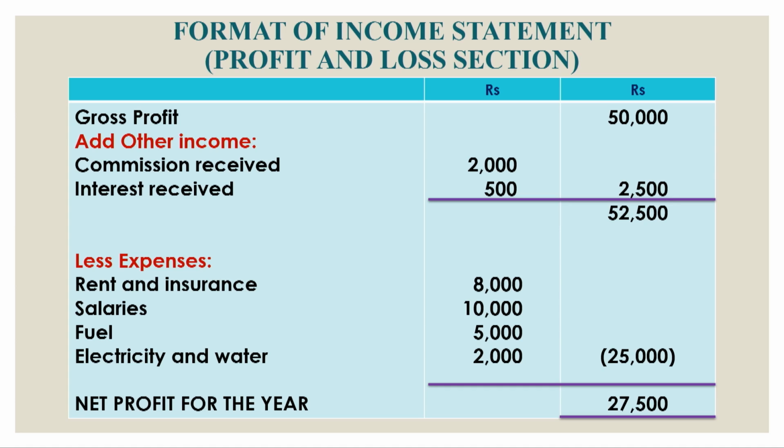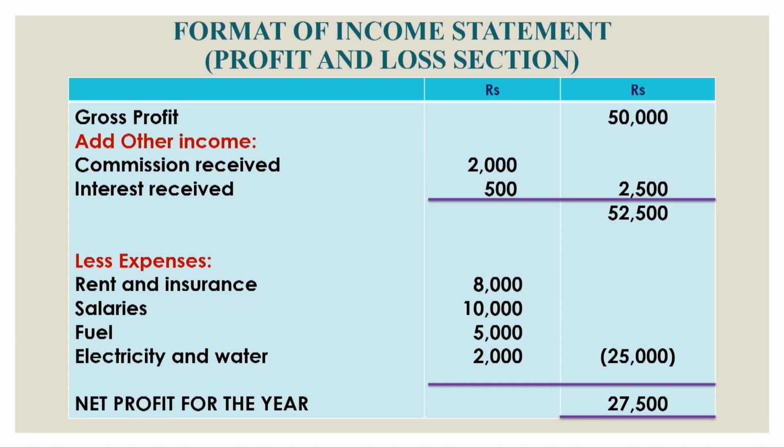So, as other income, there are commission received and interest received. These amount to 2,000 rupees and 500 rupees respectively, giving a total of 2,500 rupees. This is added to the 50,000 rupees gross profit, making it a total of 52,500 rupees in the third column.